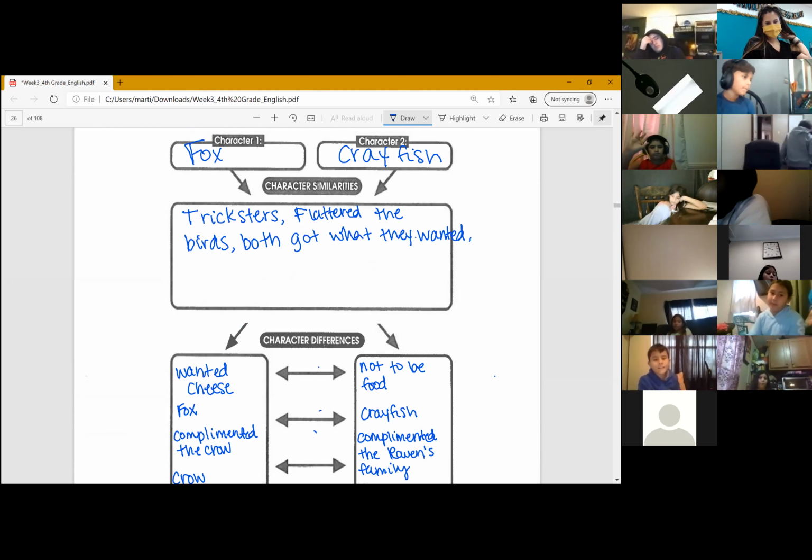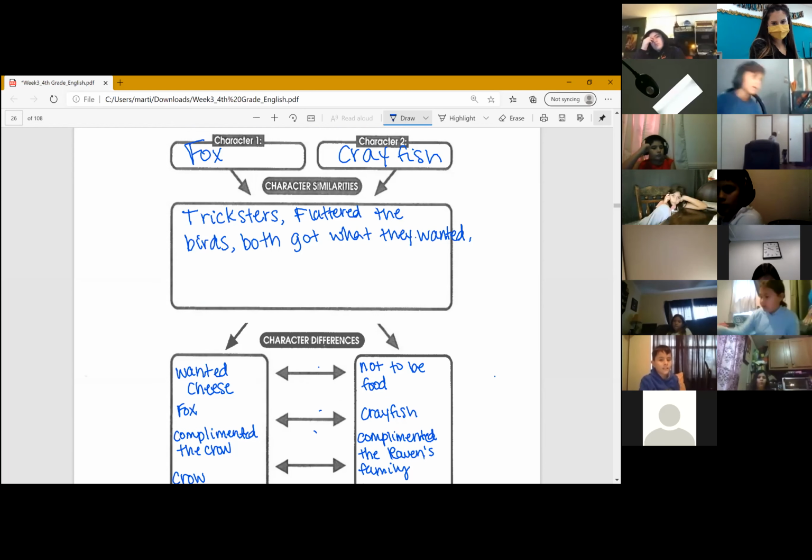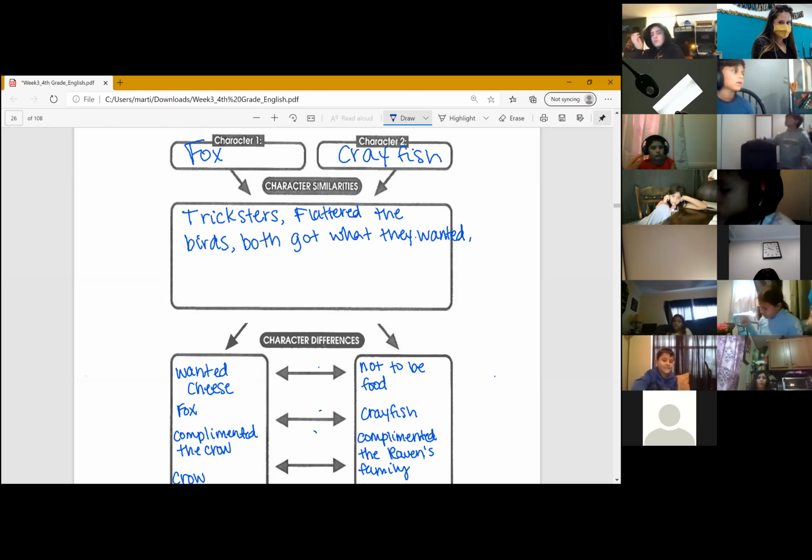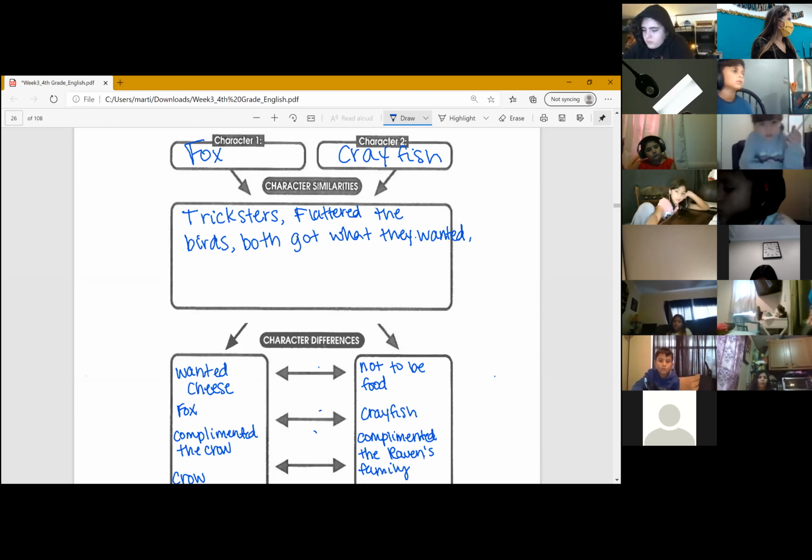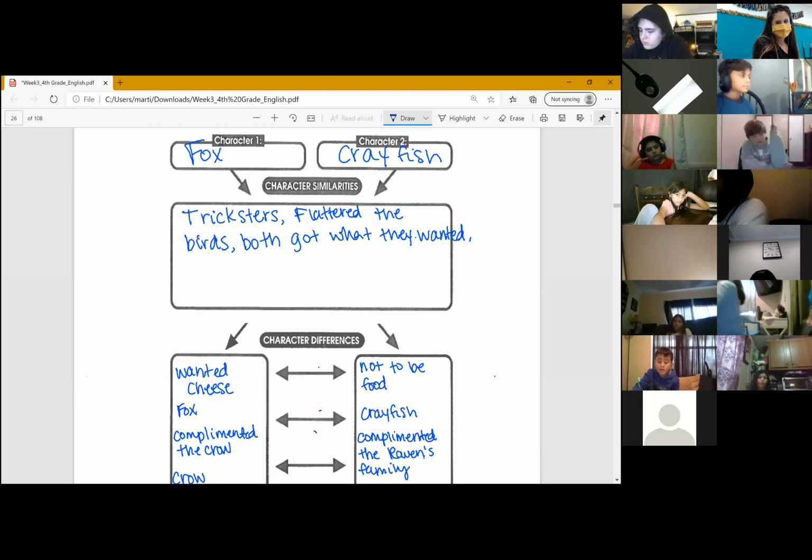I have a similarity. They were both animals. They're both animals. You're right. What else do we know about tricksters? What is the author's purpose in a trick? They both tricked someone. Yeah, you're right. They both tricked.